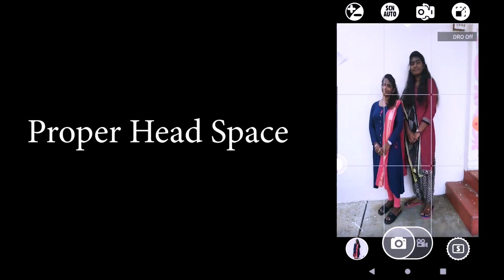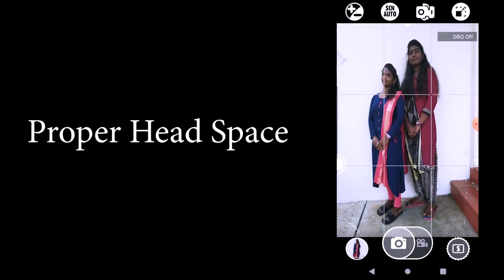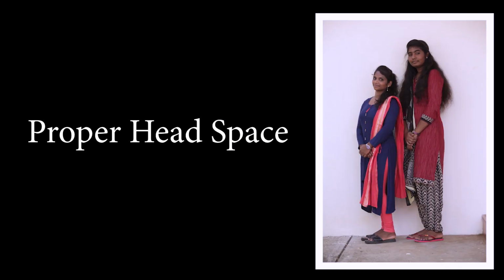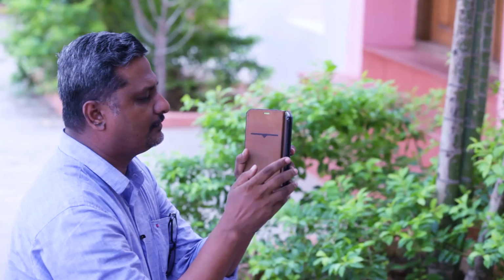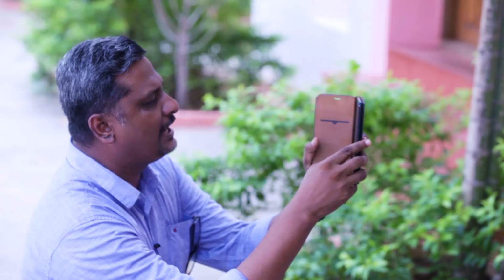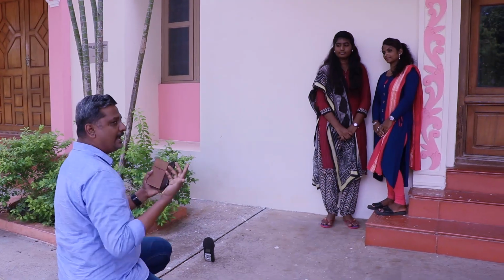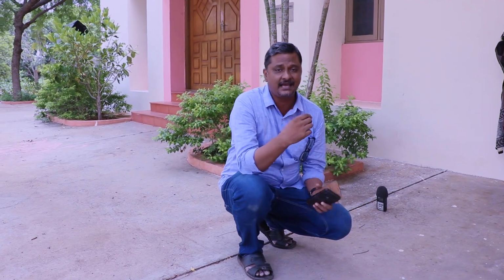And here also we need to make a choice of the proper headspace and shoot them. We could even ask the persons to stand above the steps there, which would make it look even better. The choice is ours. So basically, the headspace also decides the kind of photography, and it decides the better framing.